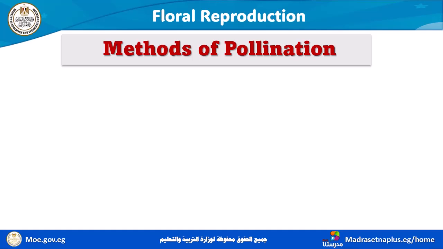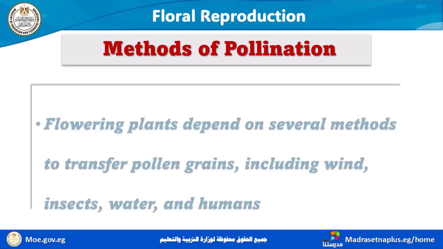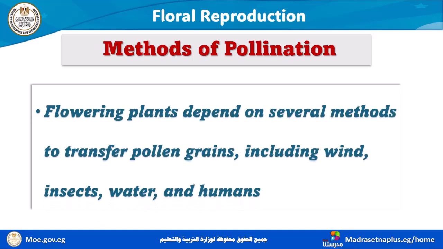Now let's discuss together and learn about the methods of pollination. Flowering plants depend on several methods to transfer the pollen grains, including insects, water, and humans.